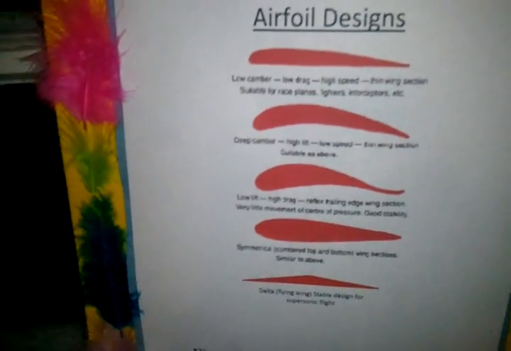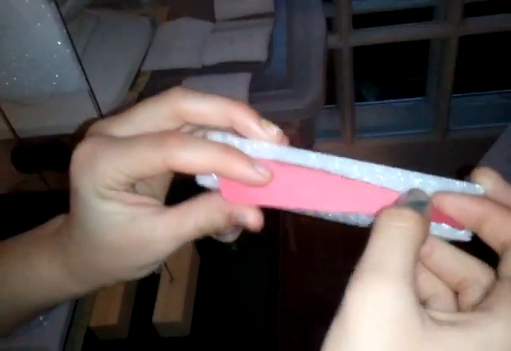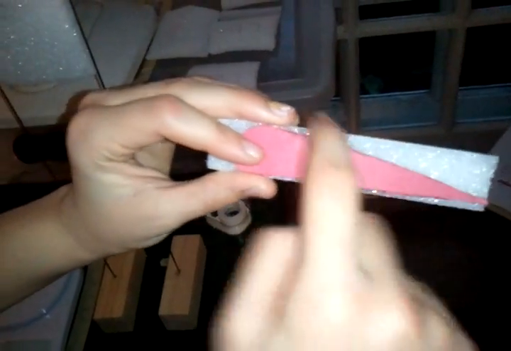I have here the deep camber I drew on here. I'll show you what I did. This one, I tape this on here like that, and then I can carve it like this.